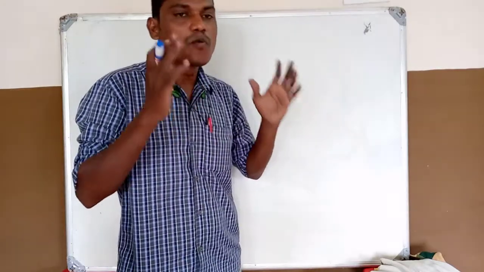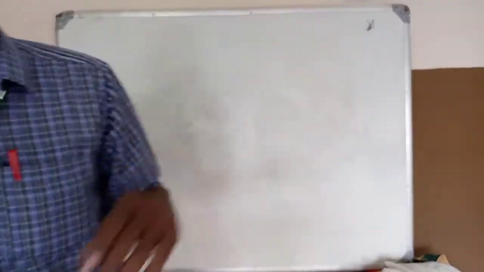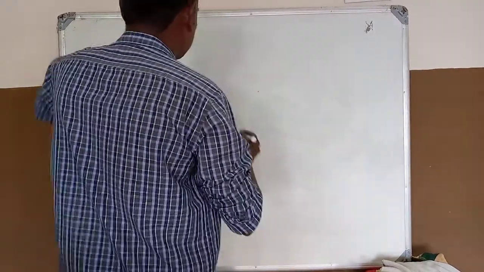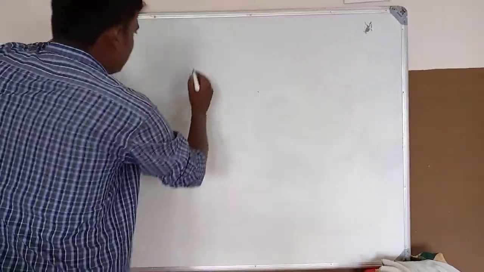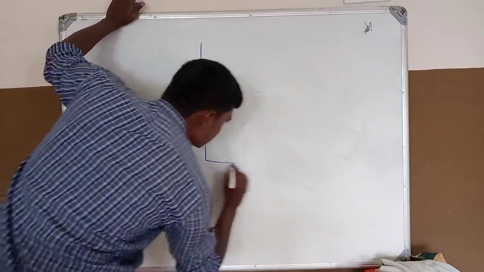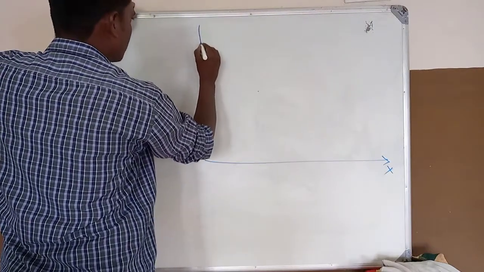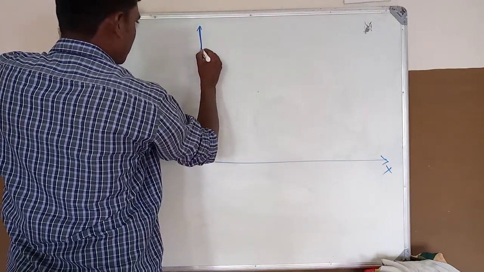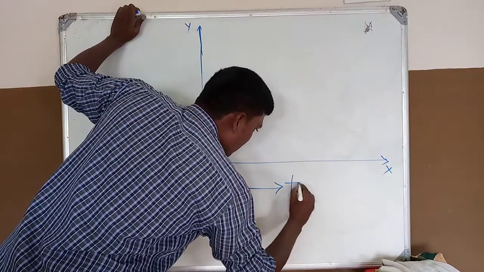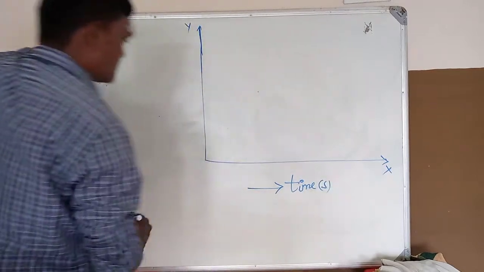For this, we draw a graph, a distance versus time graph. On the x-axis we have taken the time values in seconds.